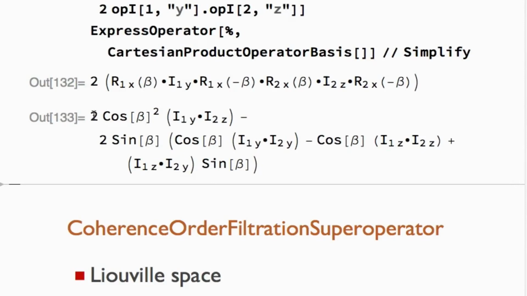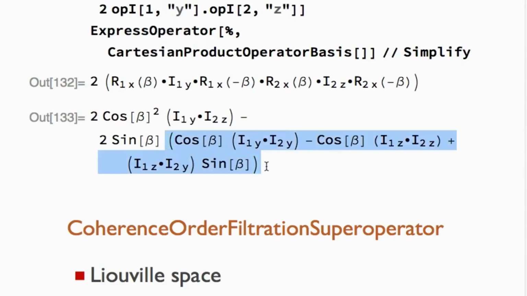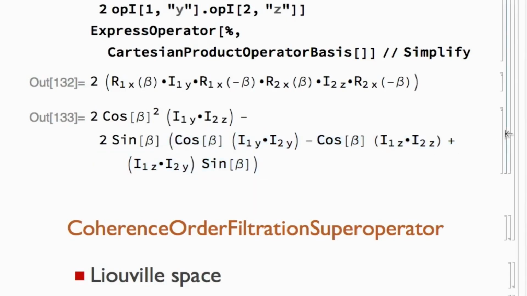And here we get a trigonometric expression for that, which those of us who do the theory of weakly coupled spin systems in solution NMR with product operators will probably be reasonably familiar with. We get a set of different product operators with different trigonometric factors in.